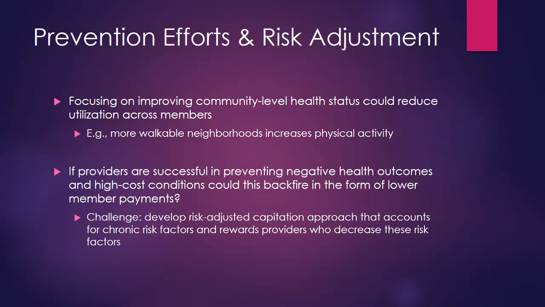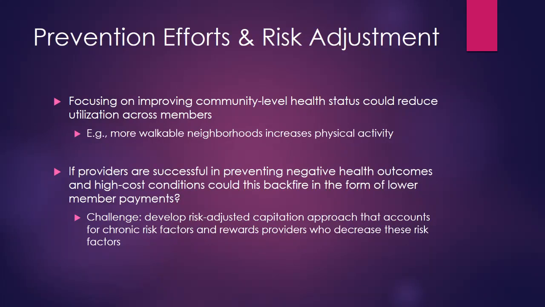But the question becomes, if providers are successful at preventing negative health outcomes and high cost conditions, would that backfire in the form of lower per member per month payments in a capitated system? And people have thought about this, but it's a challenge to come up with risk adjusted capitation approaches that account for chronic risk factors and reward providers who decrease risk factors.